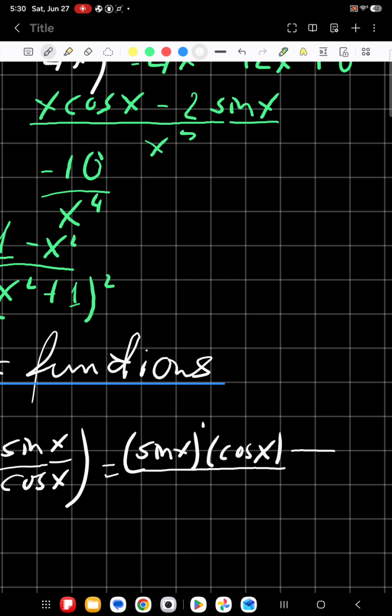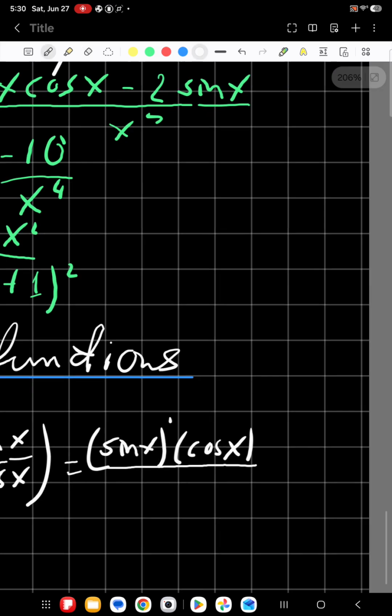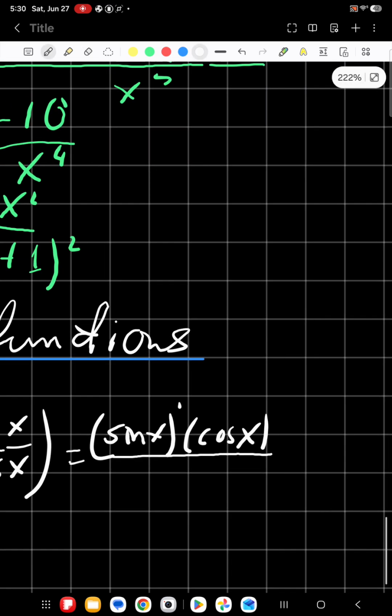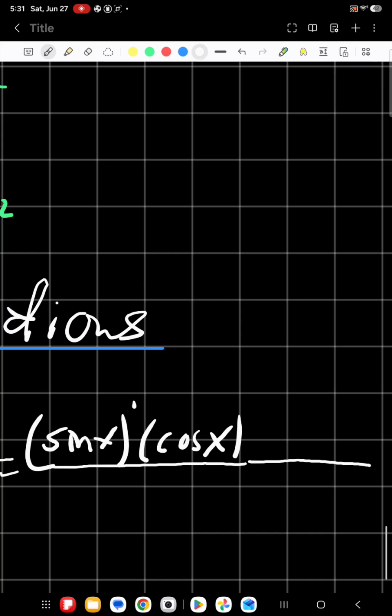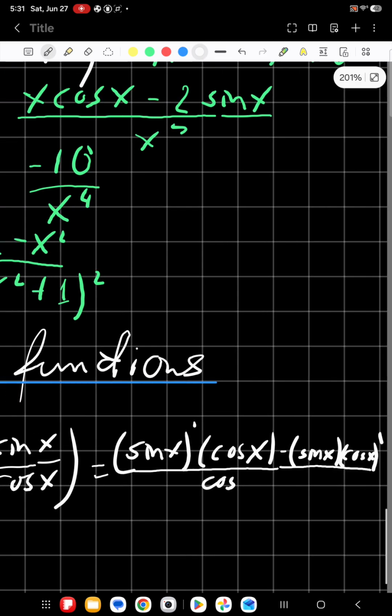Then we have minus sine x times the derivative of cosine x, and the bottom is cosine x squared, or cosine squared x.